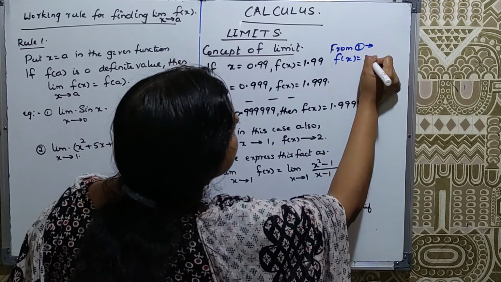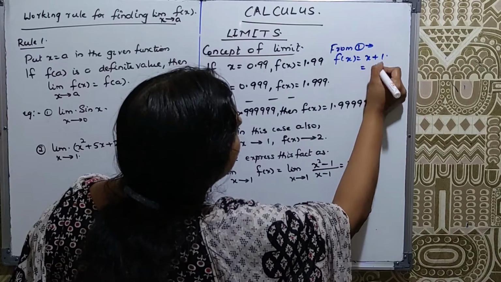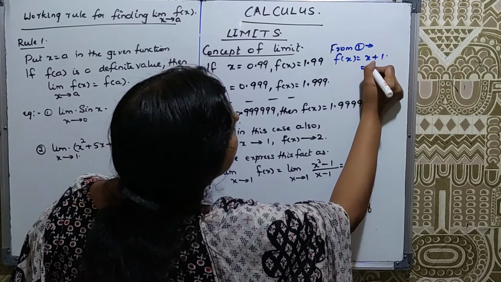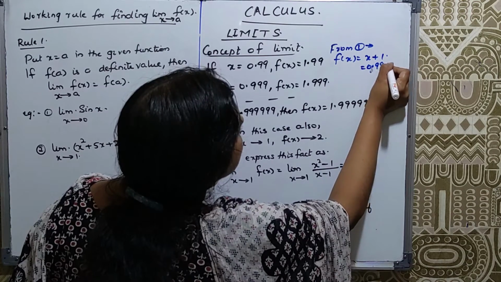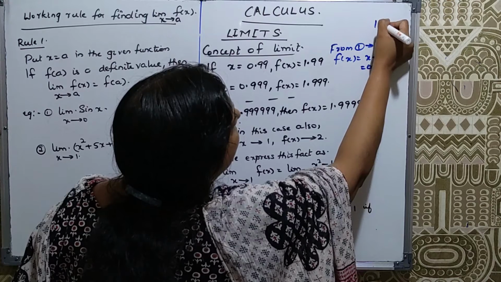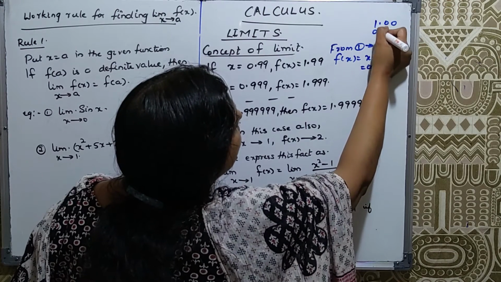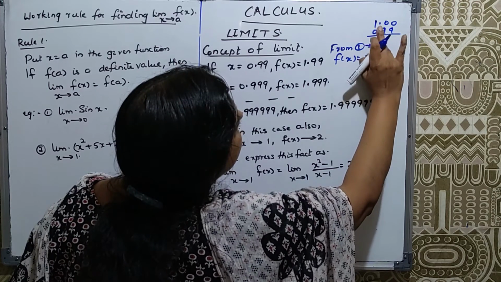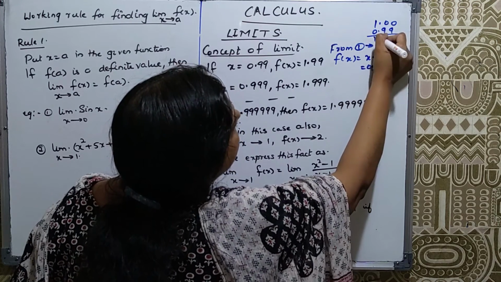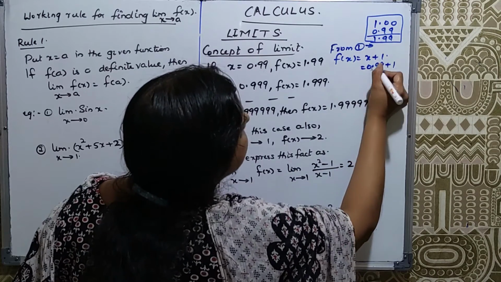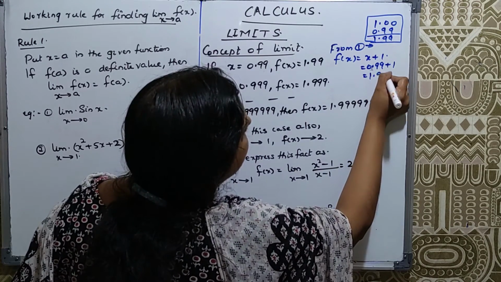So x is 0.99, plus 1, and you will do 0.99 plus 1. You will add, and you'll get the value 1.99.